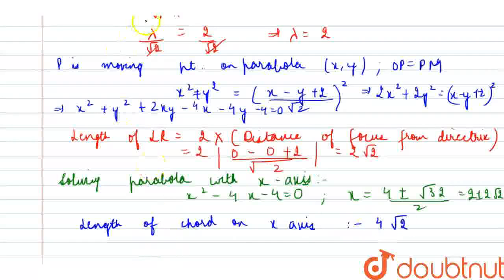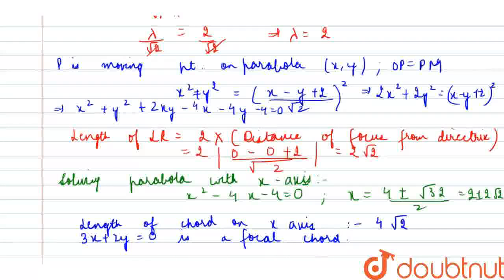Since the chord given in the question, that is 3x plus 2y equal to 0, passes through the focus, as mentioned in the question, it is a focal chord.